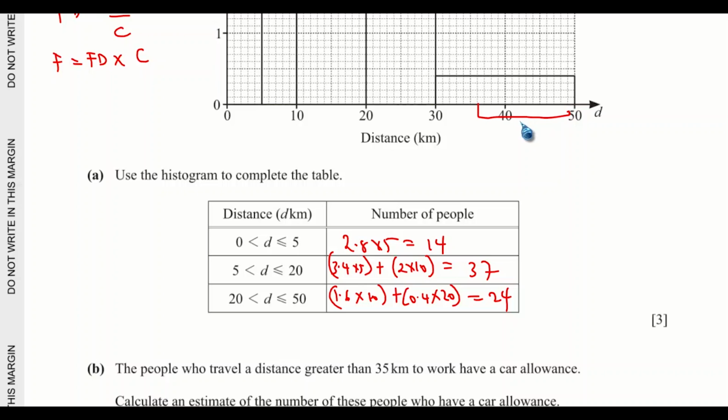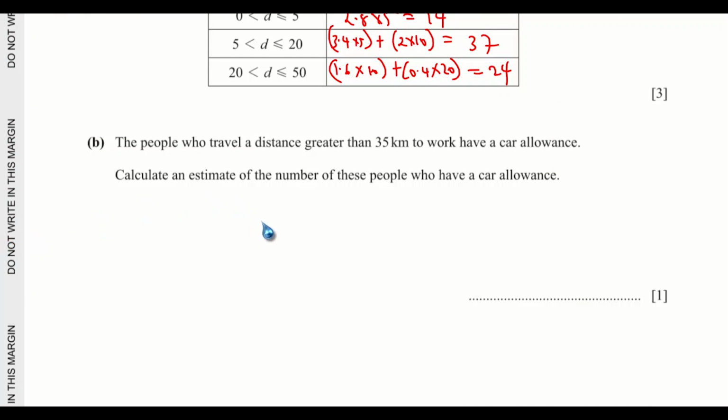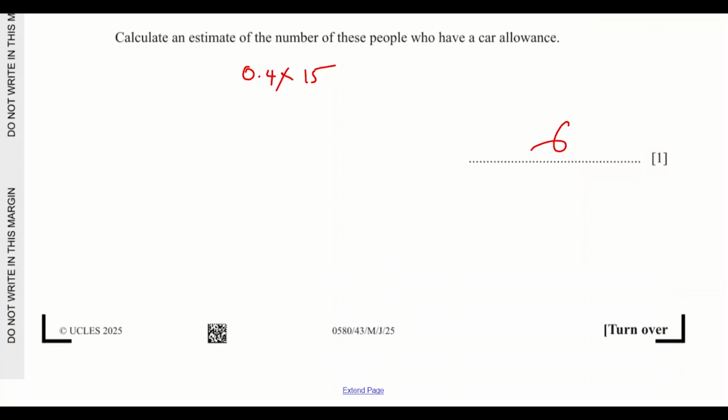That is what we need. It will be 50 minus 35, that will be the class size, which is 15. And the height is 0.4. So we just have to do 0.4, that is the frequency density, multiplied by the class size, which is 15. This will give us 6.